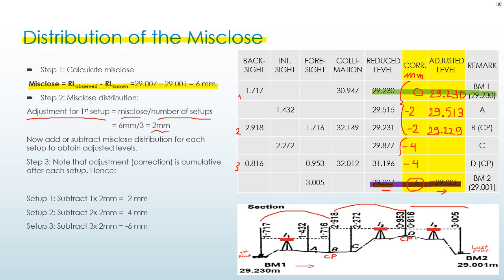So in this case, for the points of setup number 2, point B, C, D. Point B we already adjusted from the previous step, so we don't need to change it again. We do it for point C and point D. So you minus 4 over here, 29.873, and that point 31.192.